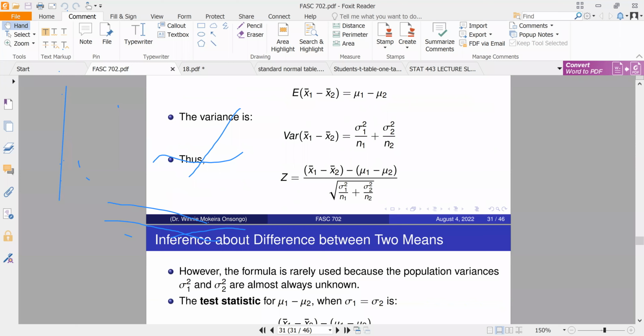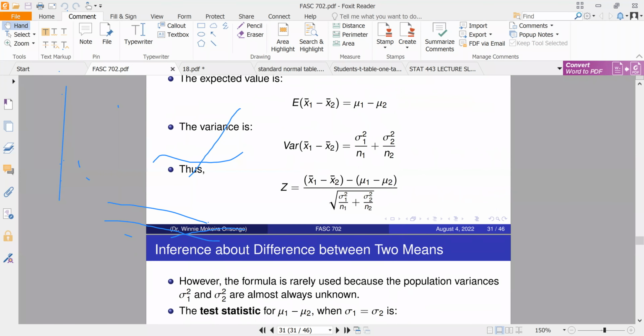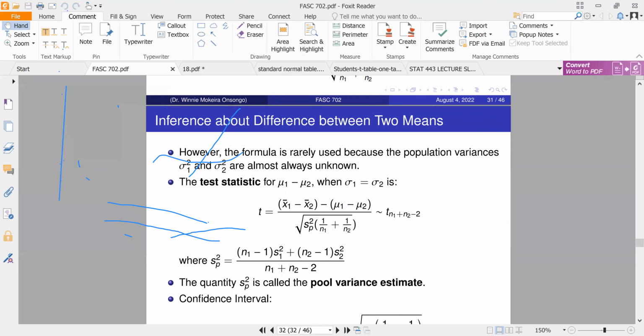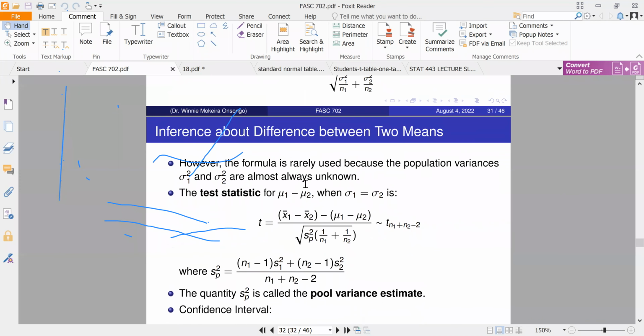Now, once we have this, we can write it in this form, or again in this other form.